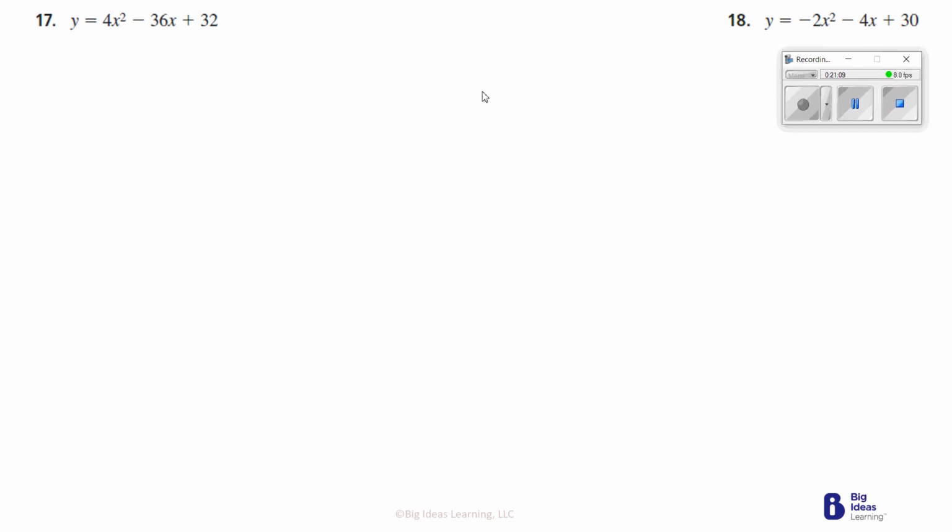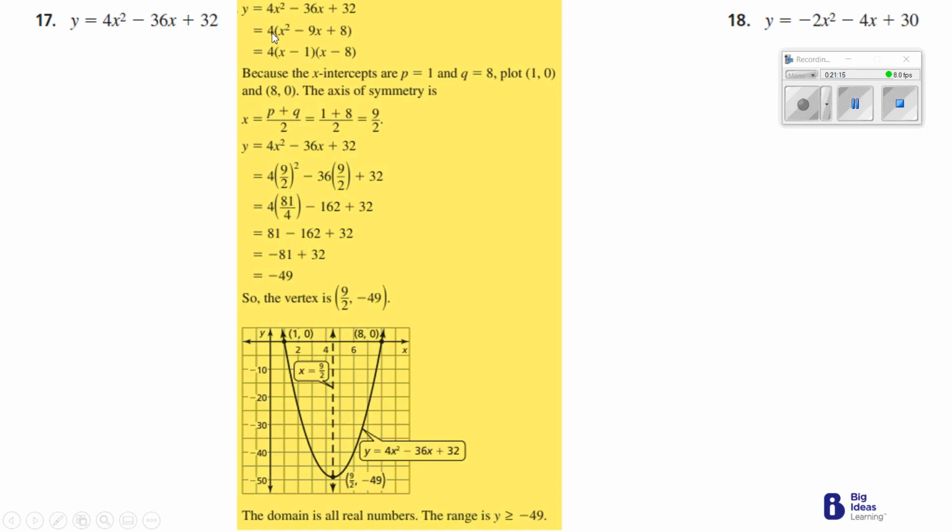Number 17, well, we're going to factor out that 4 for sure, right? When we factor out the 4, we're going to have x squared minus 9x plus 8. We're going to factor that, and since I didn't show that, I'll show that one part. Over here, I'm looking for numbers that make up an 8, so that has to be a positive 8.